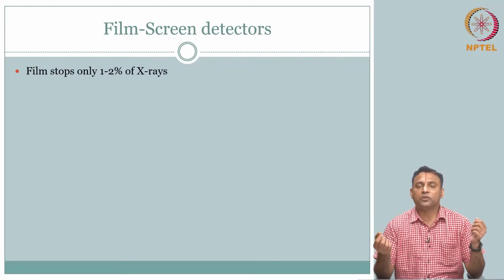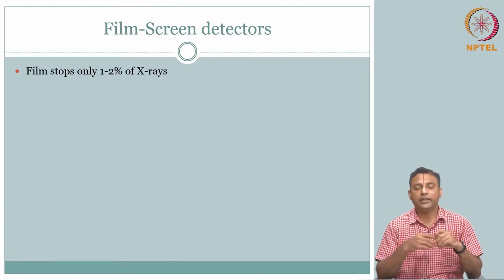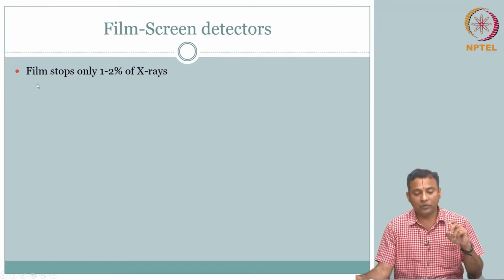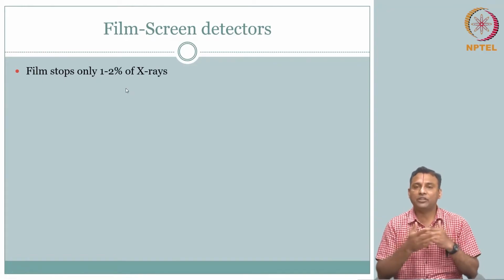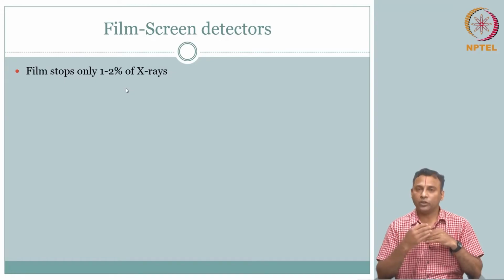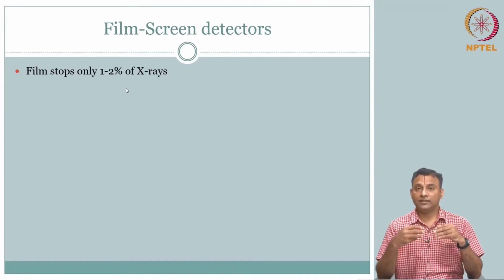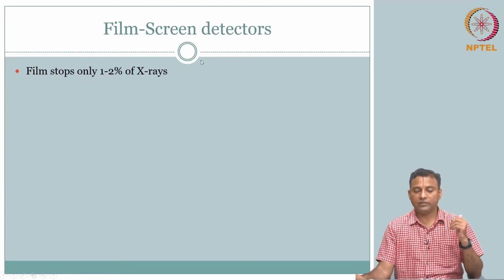So what is so specific about instrumentation for X-ray that we want to talk about, right? Yes, that did happen, but the efficiency is only 1 to 2% of the X-rays that can be stopped by a photographic film. That means very poor, right? Now that we have already talked about terminologies to do with the exposure and other things, biosafety, we want to make sure that you have this conversion, right?